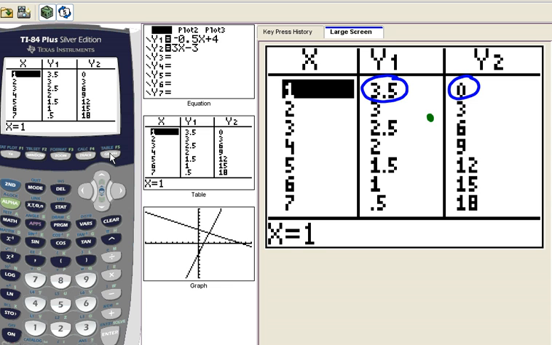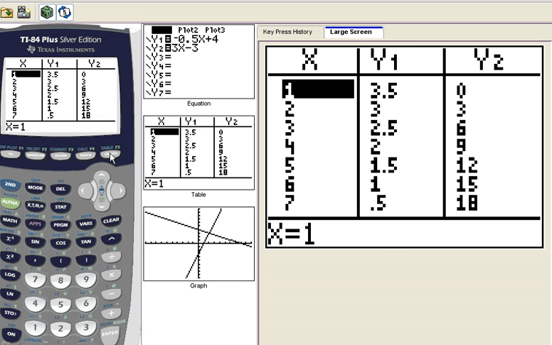That means that isn't the right solution. But notice at 2, we have the y values are the same. That represents the solution to this equation, because we have the same y value for a certain x value.